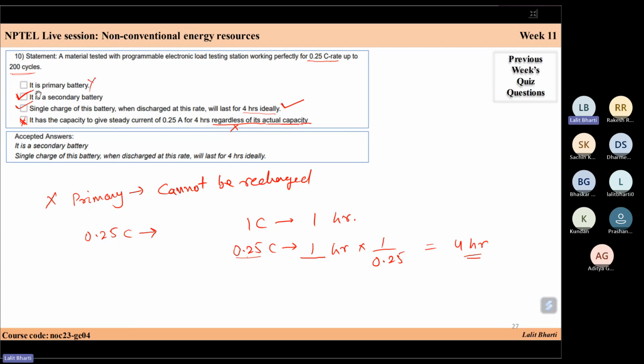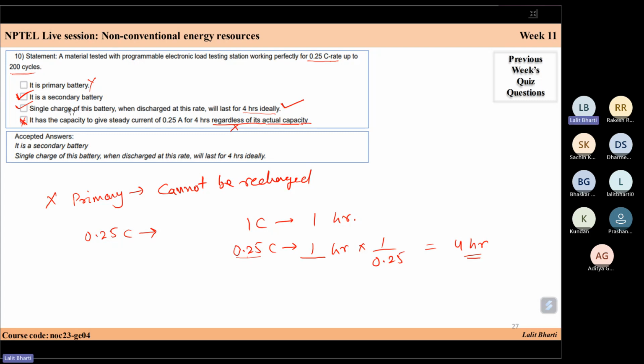There are two types of batteries, primary and secondary. Primaries cannot be recharged and secondaries can be recharged for multiple cycles. So 200 cycles means it is clearly not a primary battery. It is a secondary battery.